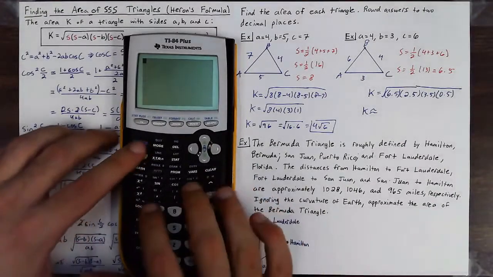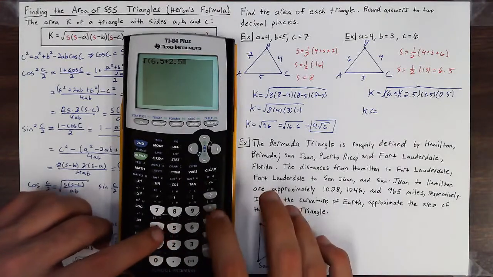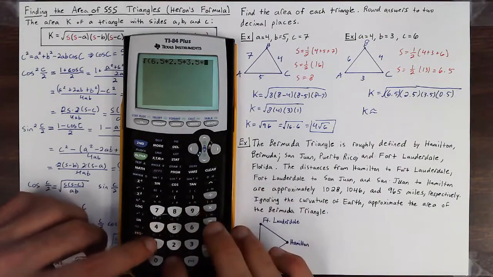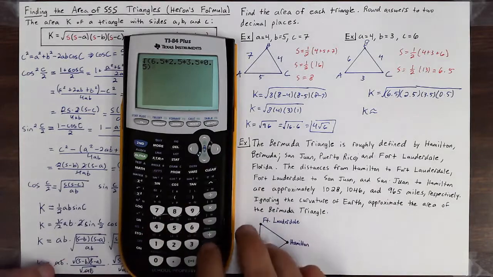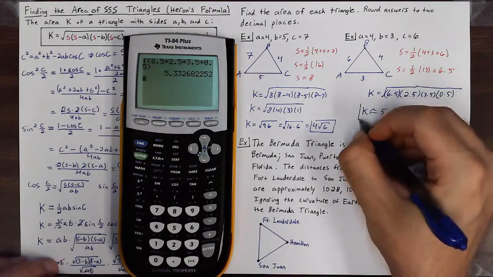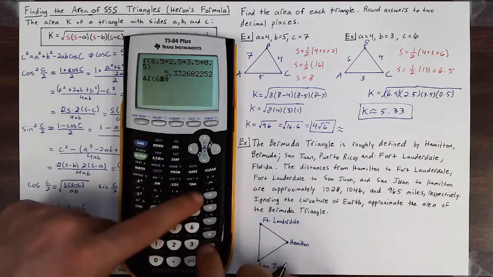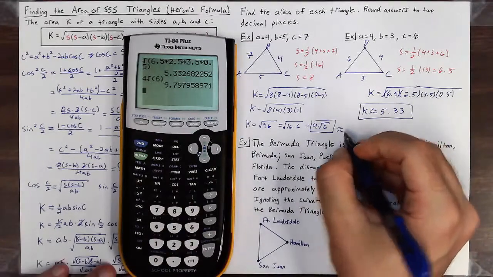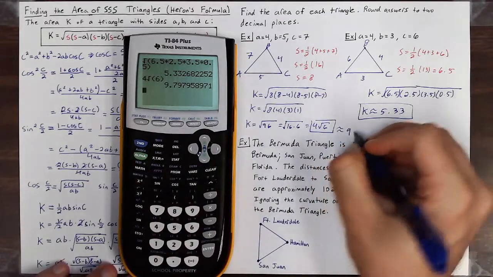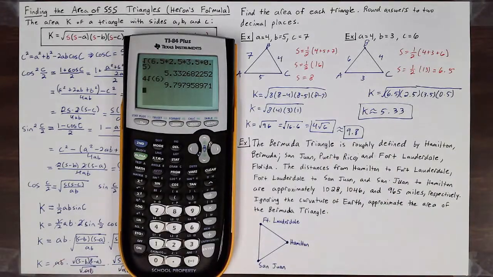So it would be the square root of 6.5 times 2.5 times 3.5 times 0.5, which gives me the area to be 5.33. And over here, 4 square roots of 6 is 9.8 for its area. Now, how do you use this in practice?